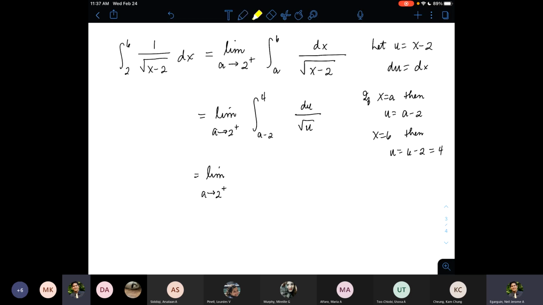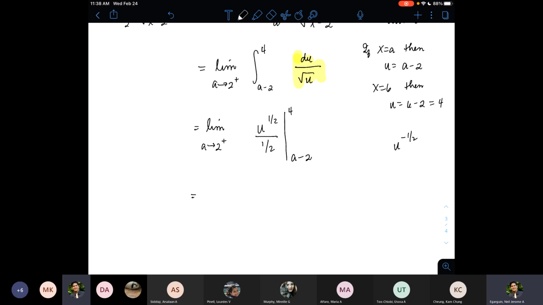Let's evaluate the integral. This is u to the negative 1/2, so its integral will be u to the 1/2 all over 1/2, evaluated from a minus 2 to 4.